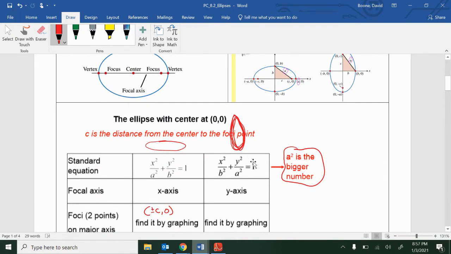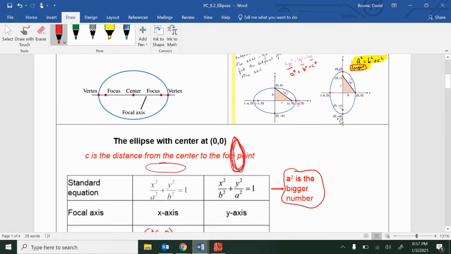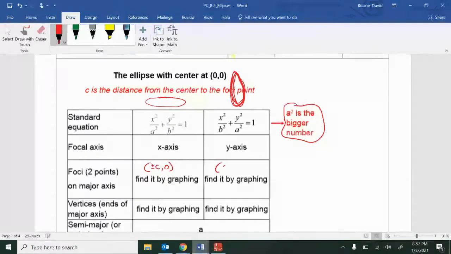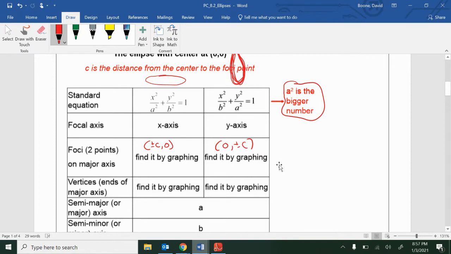If it's going vertically, same idea, but now it's on the y part of the coordinate. So then we would have 0 and then plus or minus c. But you'll find out as we graph it, it's a little bit easier just to graph it and find those points rather than try to memorize all these different templates.